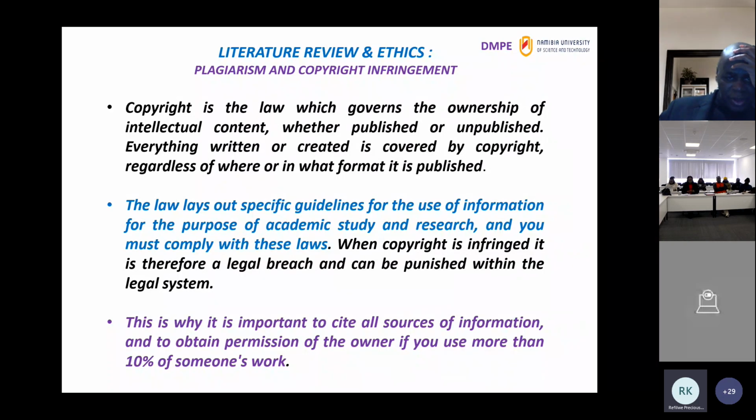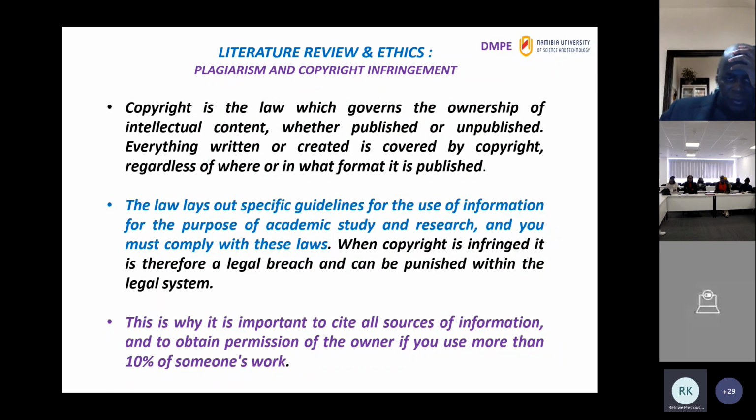So everything written or created is covered by copyright by default, regardless of where or in what format it is published. The laws of the land lay out specific guidelines for use of information for the purpose of academic study and research, and you must comply with those laws.